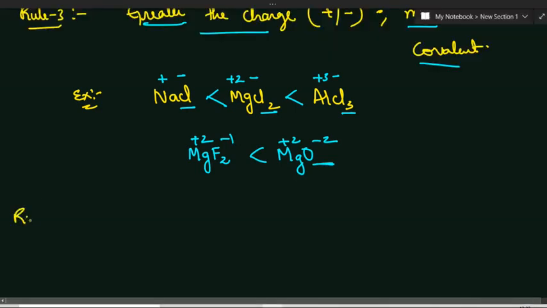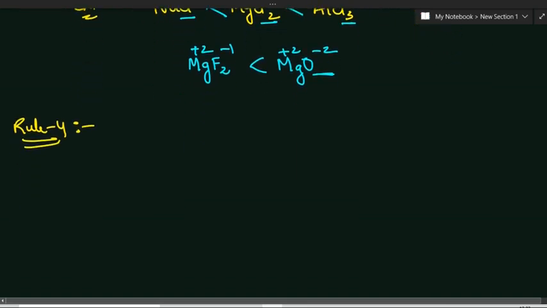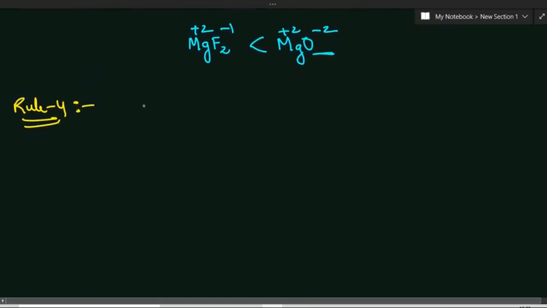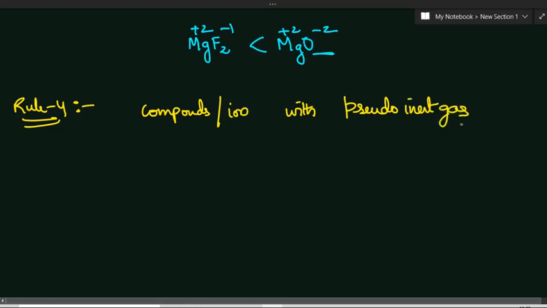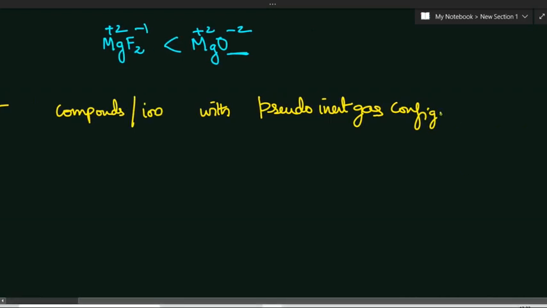So coming to rule number 4, last rule number 4, which says that compounds or ions with pseudo inert gas configuration are more covalent than inert gas configuration compounds.